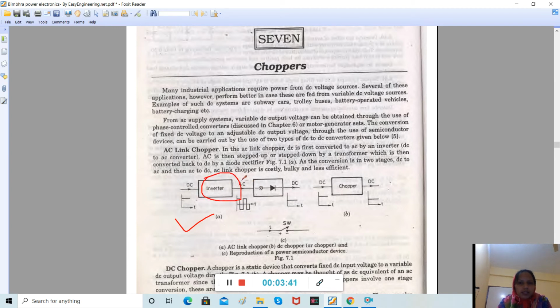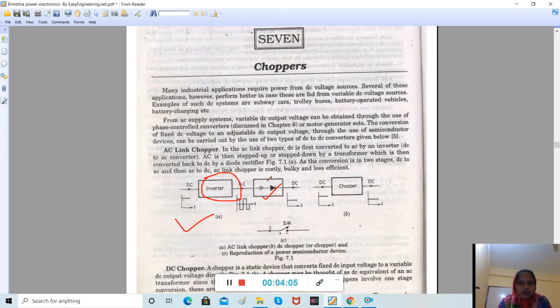Okay. So then this AC is stepped up or stepped down. This is the transformer part. This AC is stepped up or stepped down by the help of a step up or step down transformer, and then converted back to DC by the diode rectifier.